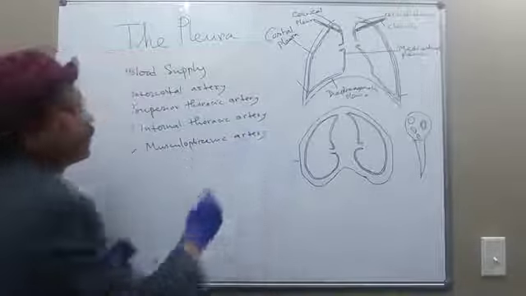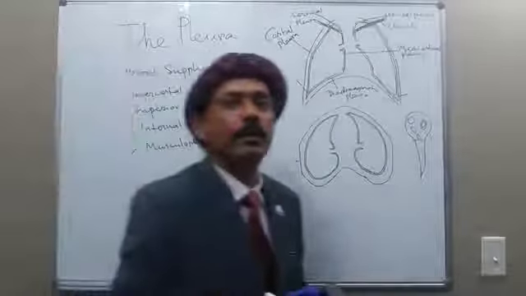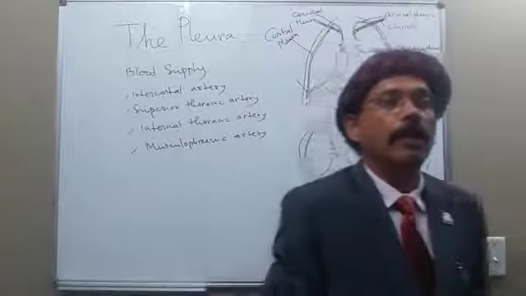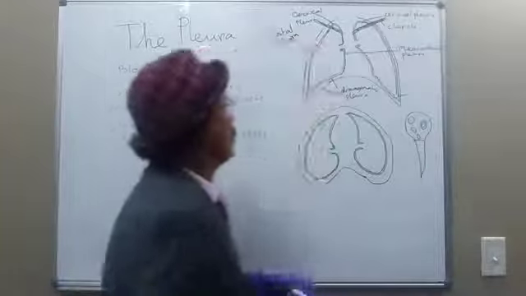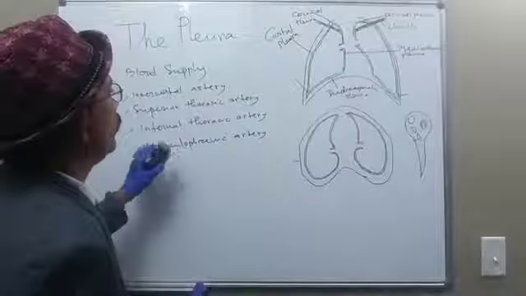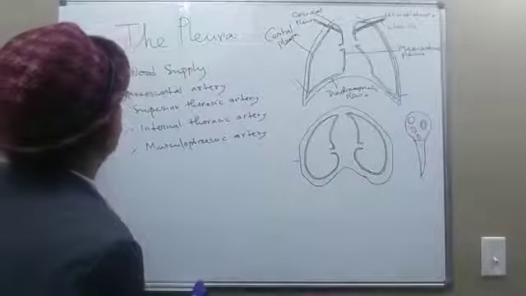Okay, these are the arterial supply to the parietal pleura.